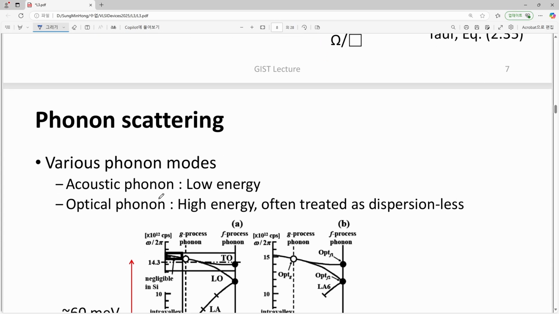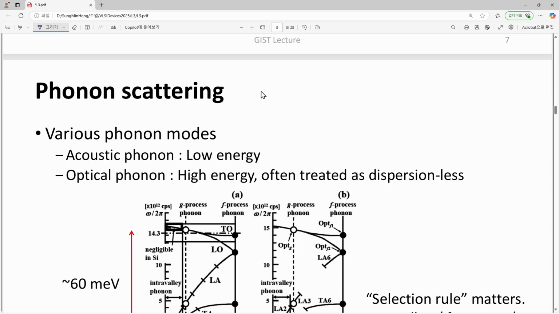Okay, so up to now we have discussed the drift mechanism and the occurrence of such a steady state average velocity due to scattering. But we have never thought about the physical mechanism behind scattering events. One of the most dominant scattering mechanisms inside silicon is phonon scattering.